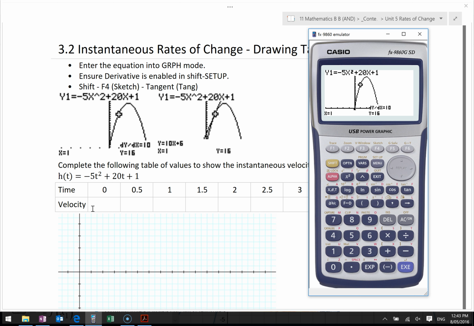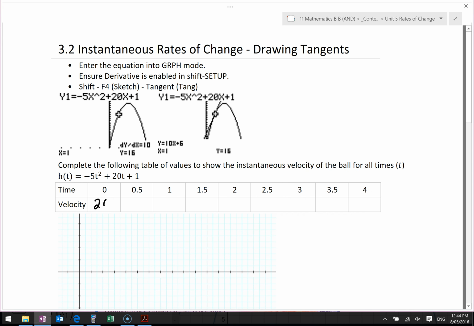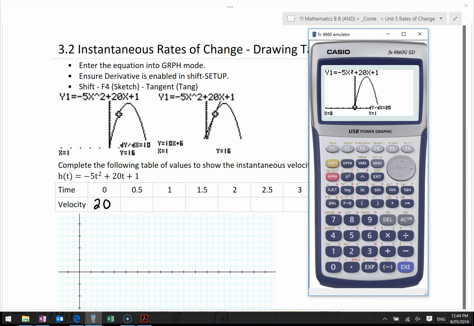So I want you to have a go at completing this table, finding the slope or the velocity for all of these points. Okay, so from 0, the slope is 20. So I'd write that in, 20 at 0.5, so 0.5. Okay, slope is 9.75.